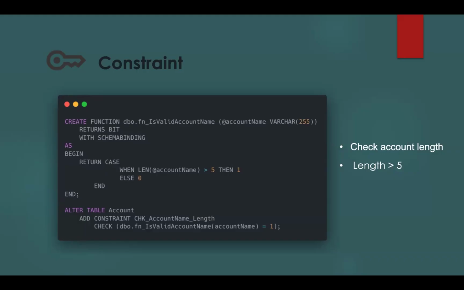From a technical perspective, constraints act like a safety net. Even if something slips through the front end, maybe a bug or a missing validation, the database still rejects invalid data, which ensures our records stay clean and reliable.